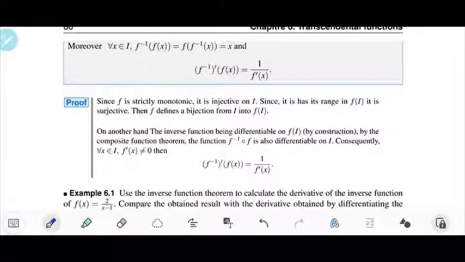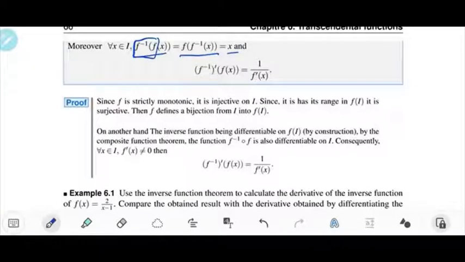And f minus 1 of f of x is equal to f of f minus 1 of x equals x. So finally, f minus 1 of f of something or f of f minus 1 of something will be the identity, the mapping that for x corresponds x.